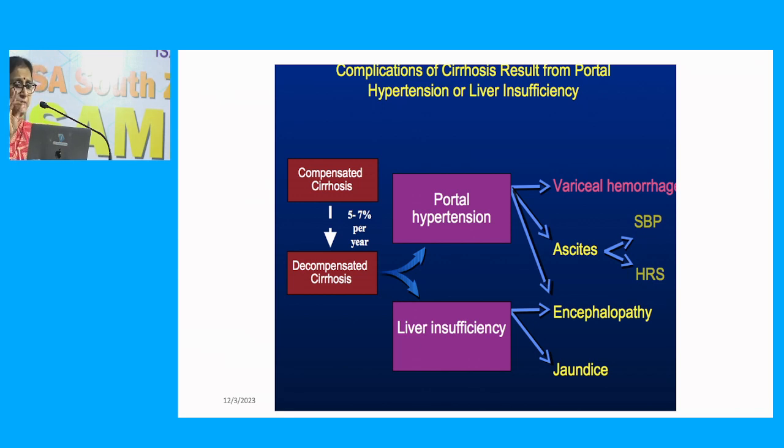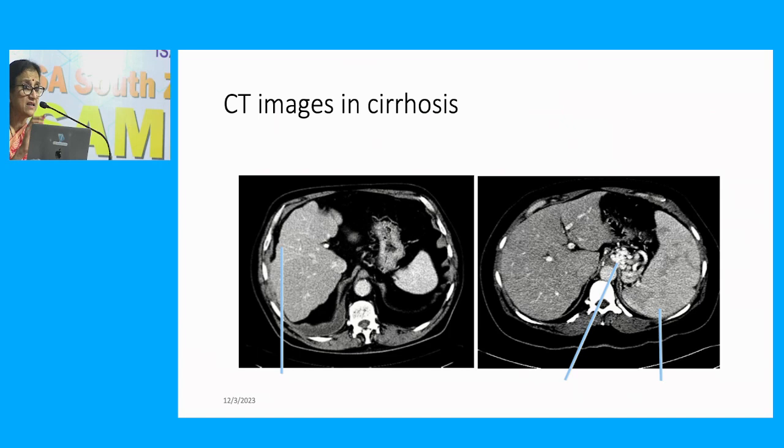Okay, so any patient who gets cirrhosis needs little to decompensate, and as time evolves, the risk of decompensation increases. This could be in the form of variceal hemorrhage, ascites, encephalopathy, or jaundice. And this is what I was trying to exercise caution about when I said be careful when you put the Ryle's tube. Those blue arrows point to worm-like things, which are the portosystemic collaterals and huge varices at the gastroesophageal junction.